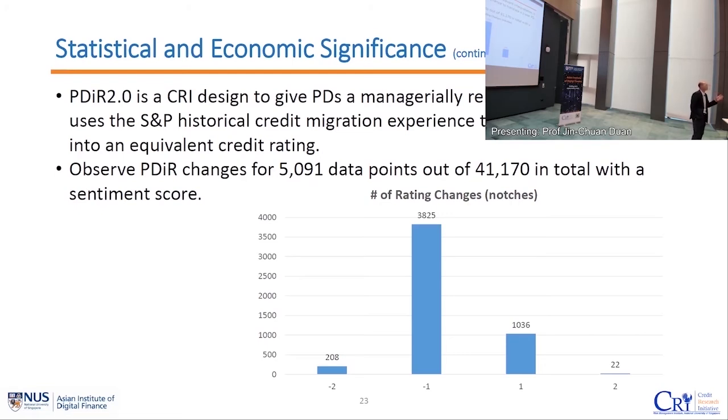Earlier I already told you, 30%, 35%, it will not change the rating. So I'm not reporting that as 0, right? These are notch changes, 1 notch or 2 notches. 1 notch lower, it's asymmetrical. So in other words, this sentiment is telling you that most of this reported sentiment actually has information telling you something in a negative way.